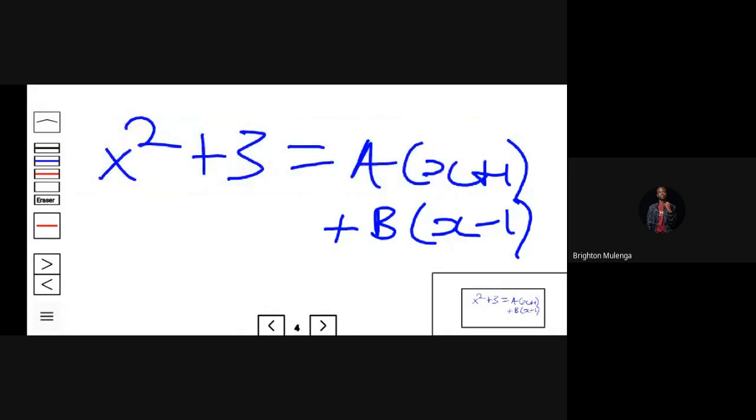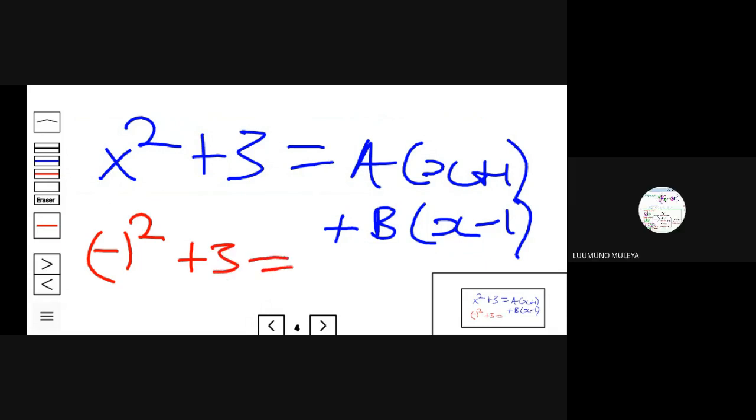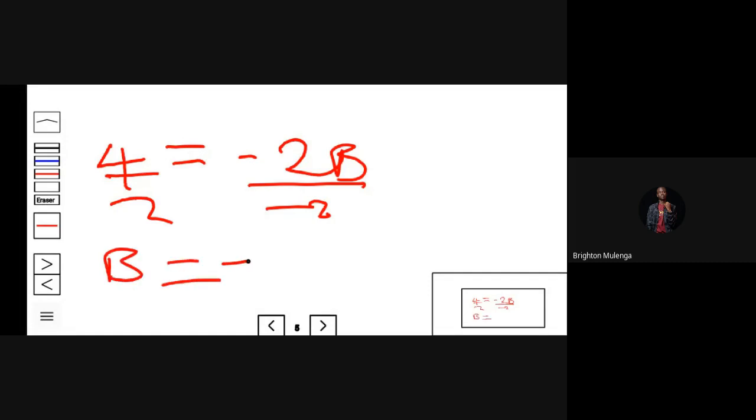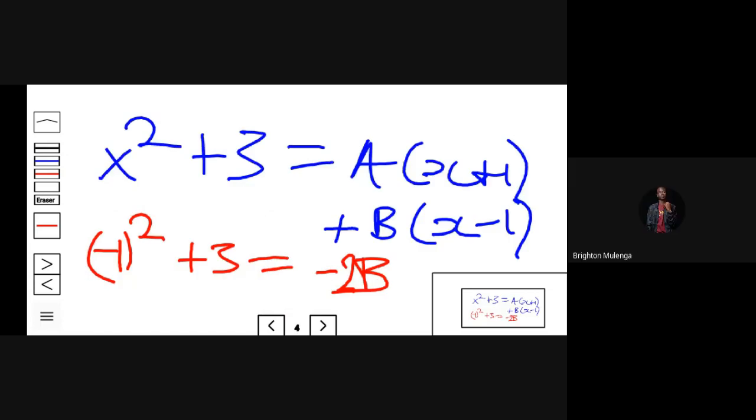When we substitute with negative 1, x squared plus 3 is equal to 4, and the right side is negative 2B. So 4 equals negative 2B. B over negative 2, B is equal to negative 2, right? Yes, so this is our B.